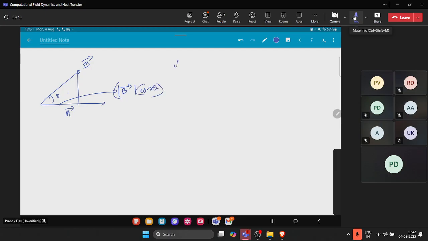So we all know that A vector dot B vector is equal to A vector magnitude B vector magnitude cos theta. So if I want to get this value, B vector magnitude cos theta, it is A vector dot B vector by magnitude of A vector. This is basically the projection of the B vector on the A vector.